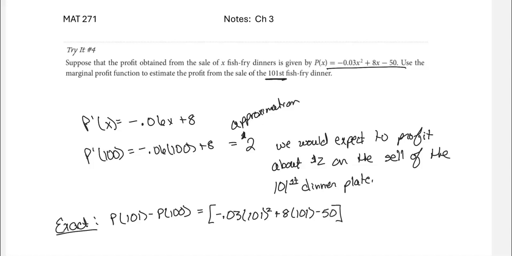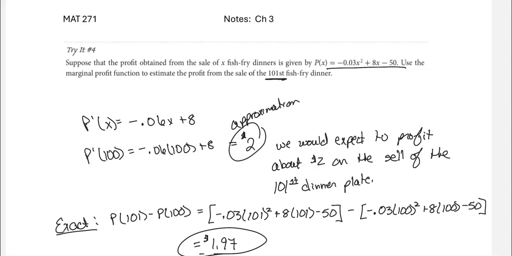So there's the profit of the first 101 dinners. And we're going to subtract the profit of producing 100 dinners. And then when I plug this in, I did this off screen again. I got $1.97, and this value should always be really close to this value because that's the whole point of this.